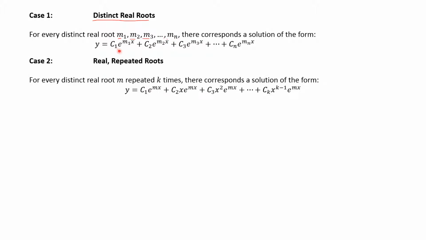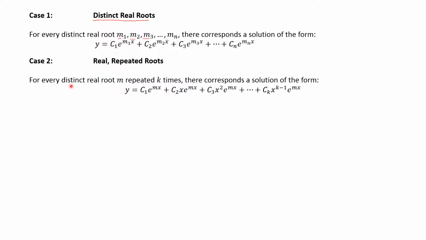The condition here is that m1, m2, m3, and so on must be real and distinct, meaning different from each other.